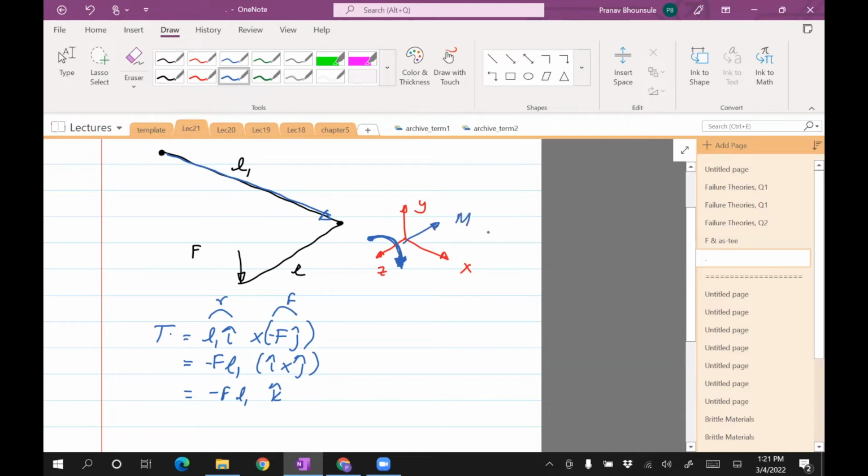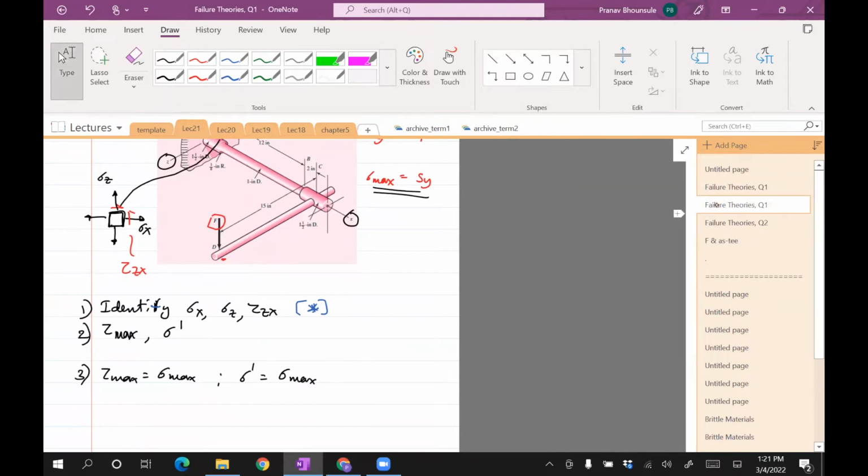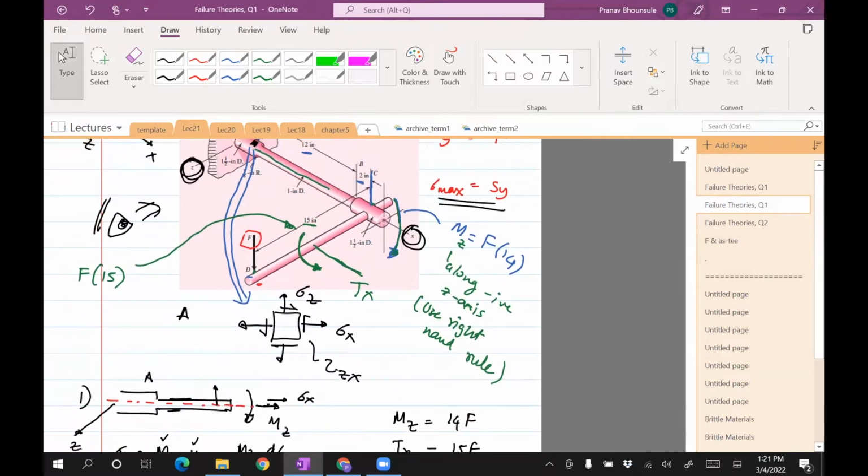That will be Mz. I believe I wrote a similar expression earlier. Let's go back. Yes, I wrote Mz, but I did not quite do it this way.